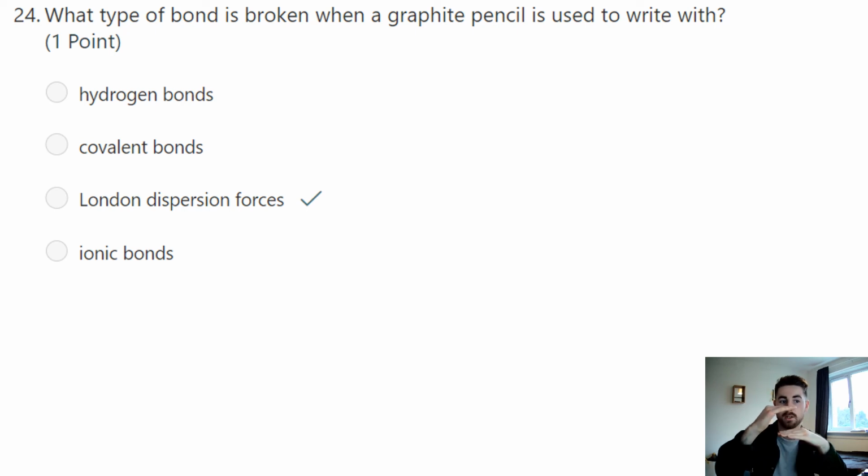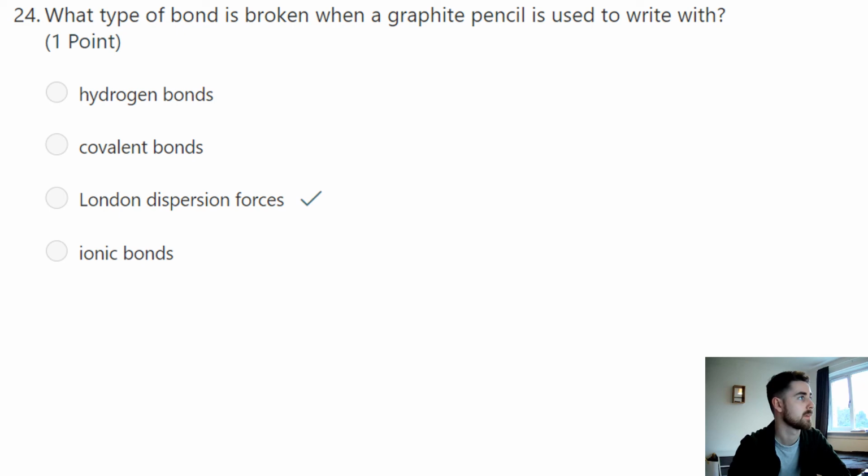So between two sheets of graphite in your pencil you have London dispersion forces, and as you write with the pencil, or you stab the pencil against the desk, the graphite is obviously going to crumble, because all you're doing is breaking the London dispersion forces between the different layers of graphite. You're not breaking the covalent bonds within the network. You're just shaving off different layers of the graphite structure by breaking the LDFs.